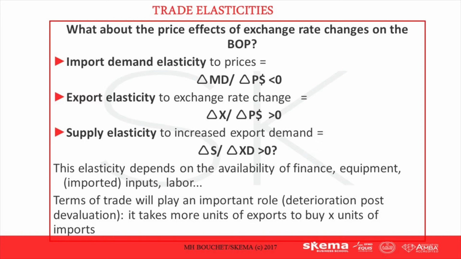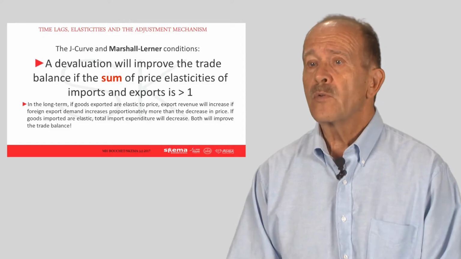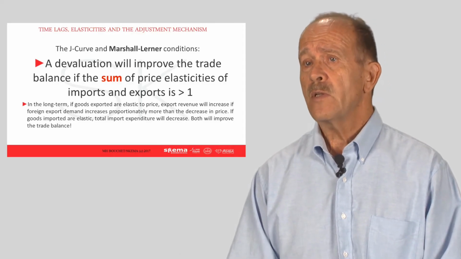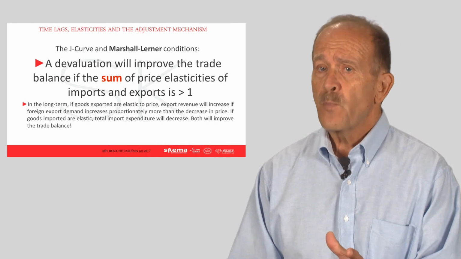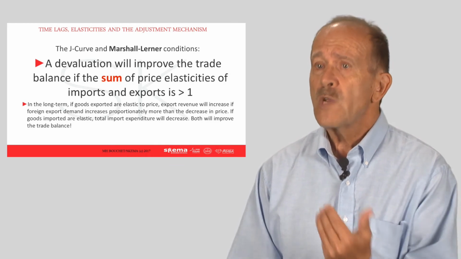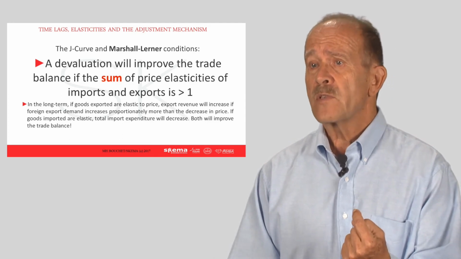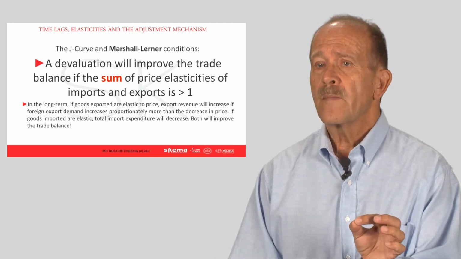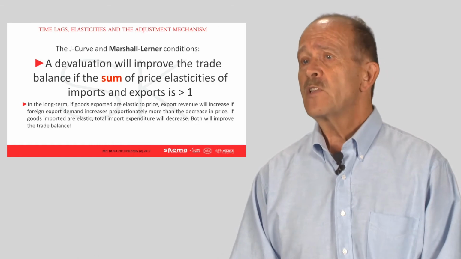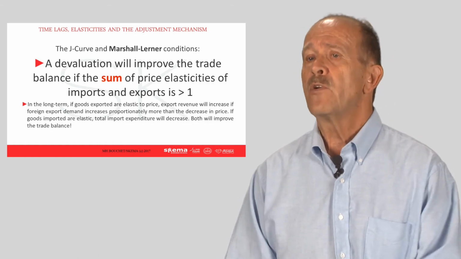To sum up the conditions for successful devaluation, you need not only a positive response of trade partners to cheaper exports, but also a decline of imported goods and services in the country's economy. And that requires a policy mix of monetary and budgetary policy.